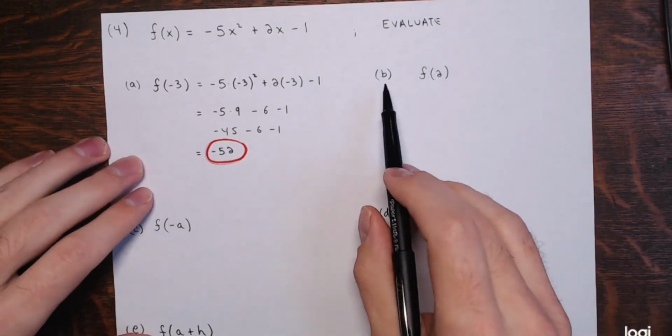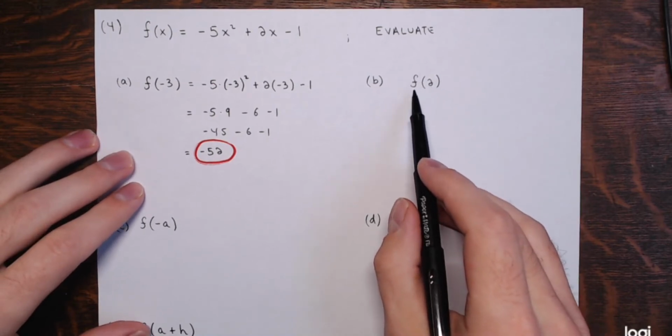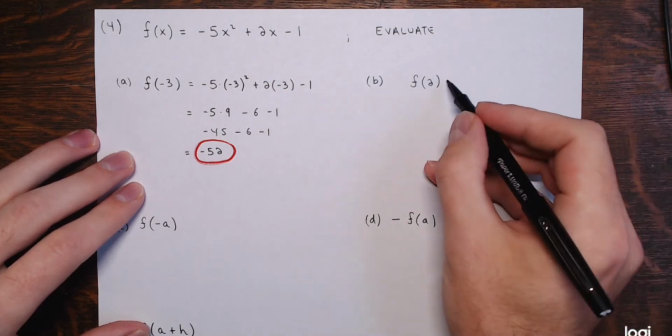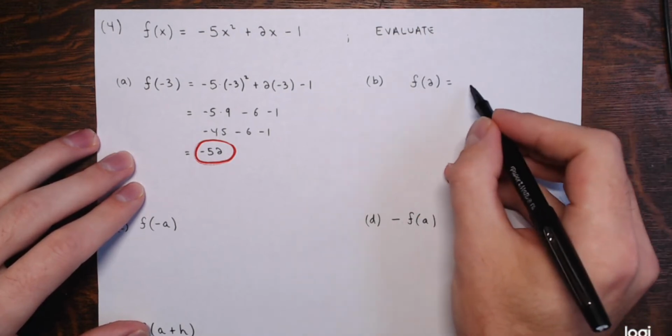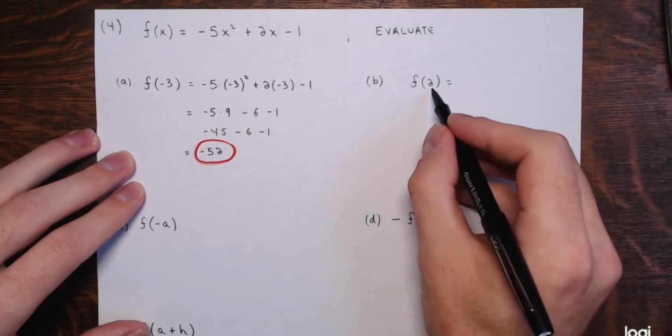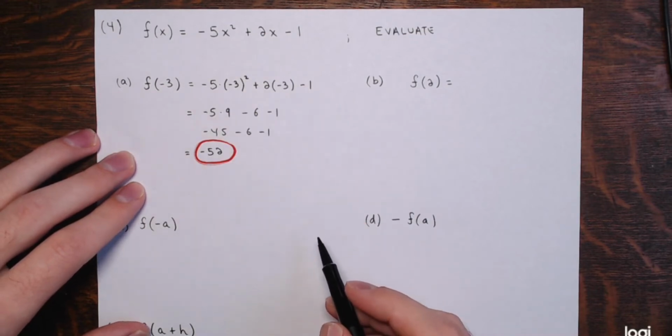Part B, it's f of 2, or what's the output of f, or the value of f, when the input is x equals 2. So again, how do I calculate the output when the input is 2? Just go through and replace in this rule all the x's with 2.